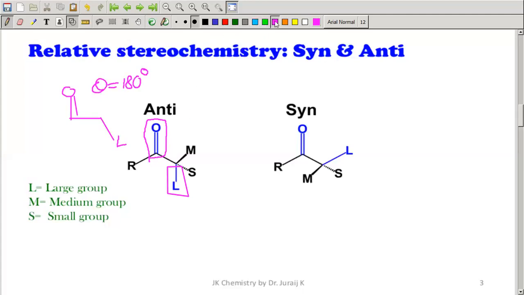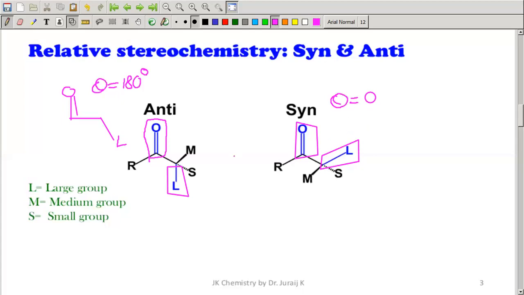What about syn? If your carbonyl functional group and your large group are close to each other, they are termed syn. In syn, their dihedral angle will be 0. These two terminologies are very important, and you should know them.